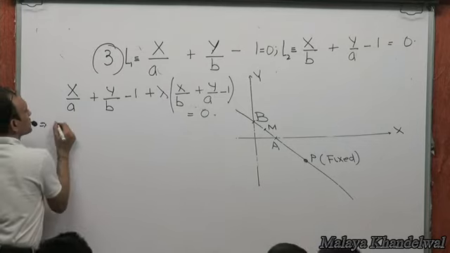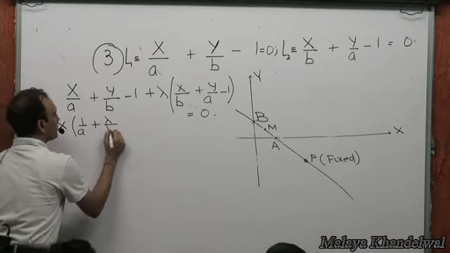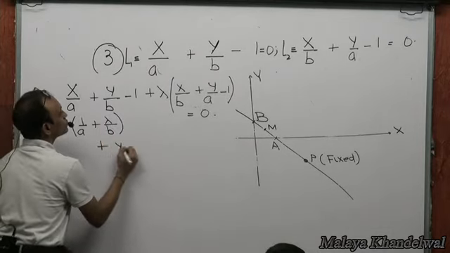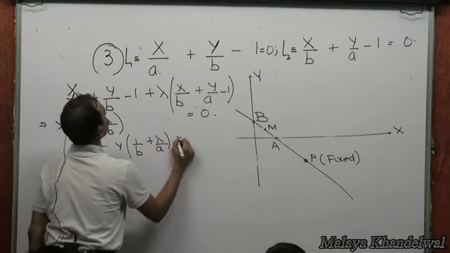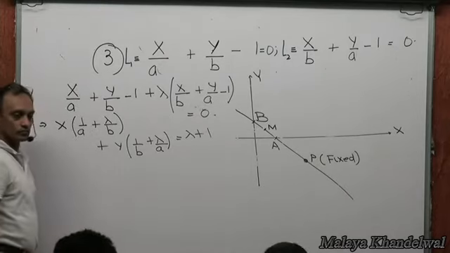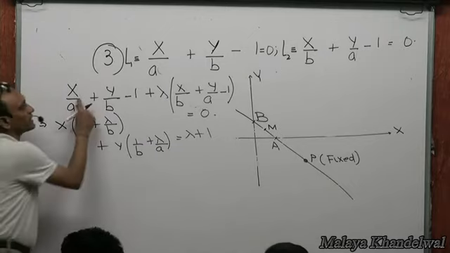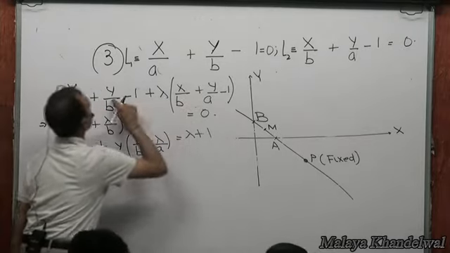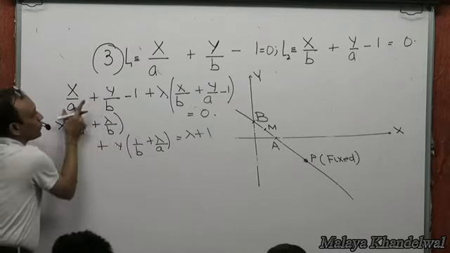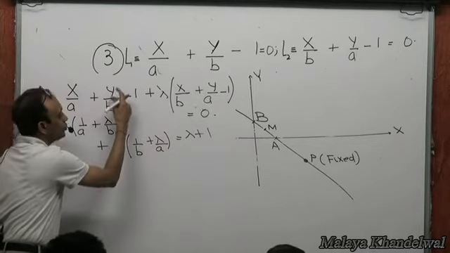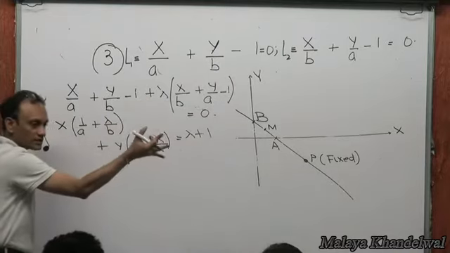This I could write as x into 1 by A plus lambda by B plus y into 1 by B plus lambda by A equals lambda plus 1. Yes or no? Just ordinary transposition, collecting the x terms, collecting the y terms, and transposing minus lambda minus 1 on the other side. Right, so x into 1 by A plus lambda by B, y into 1 by B plus lambda by A equals lambda plus 1 on the other side, right?